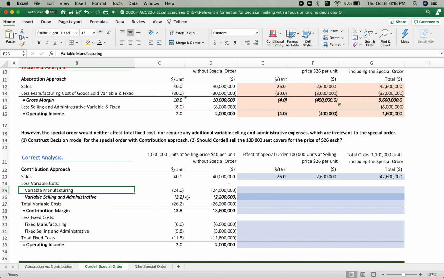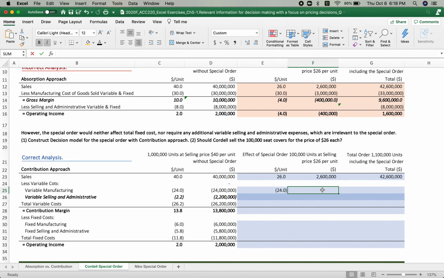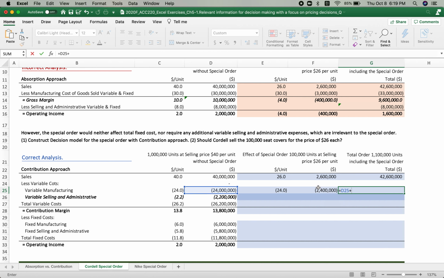The variable manufacturing cost is $24, so we put 24 times 100,000 special units, and then we can just sum up.